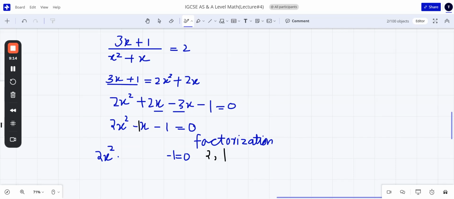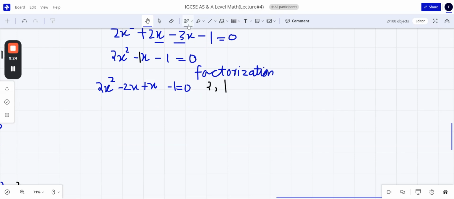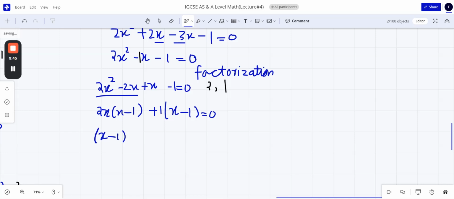So here it would be minus 2x and then plus x, because minus plus makes minus, and 2 minus 1 is 1. So we will take the common. 2x is common there, and x minus 1 is left. In the rest of the two terms, only plus 1 is common, so x minus 1 is left, equal to 0. Again we take x minus 1 common, so 2x plus 1 is left, equal to 0.